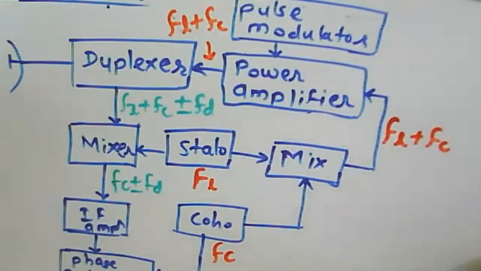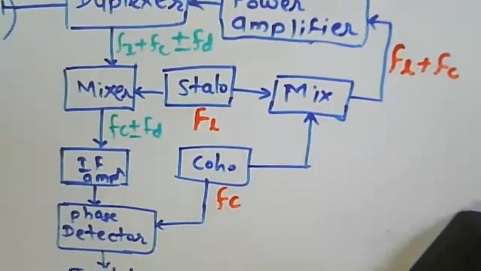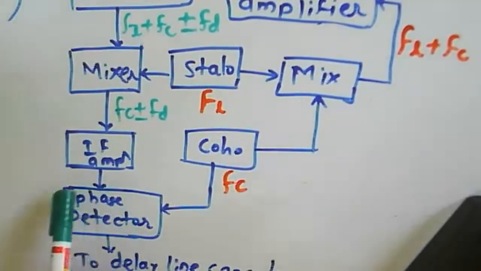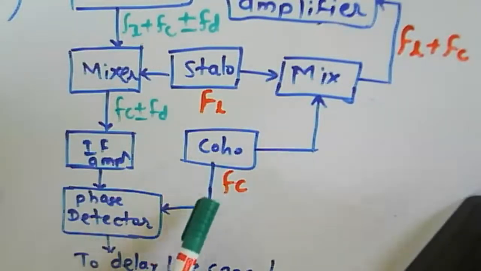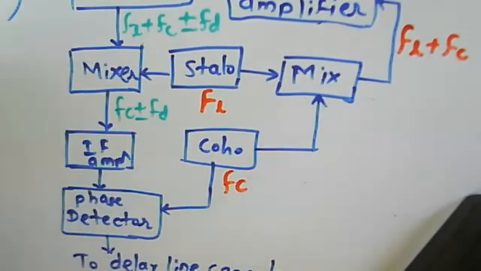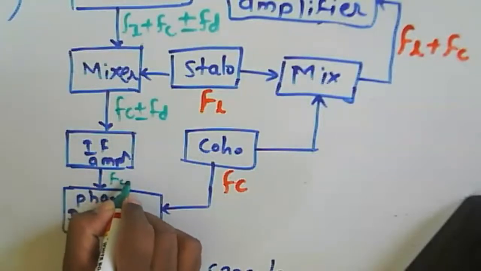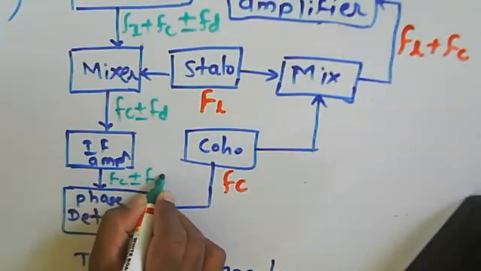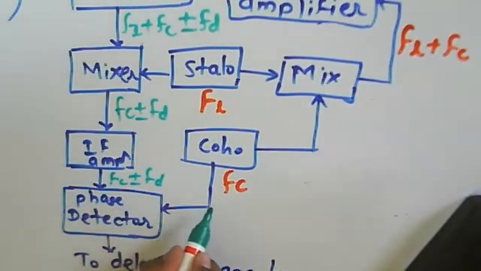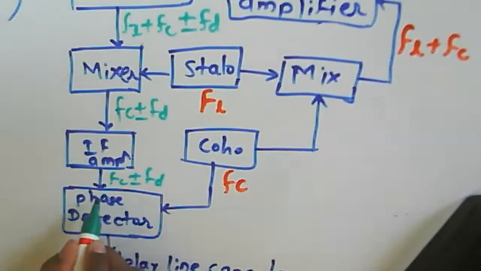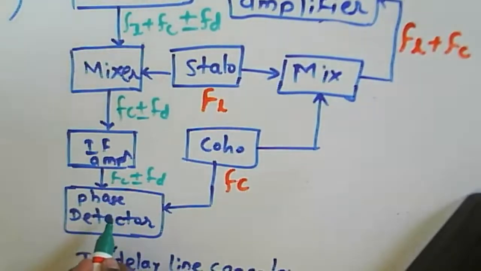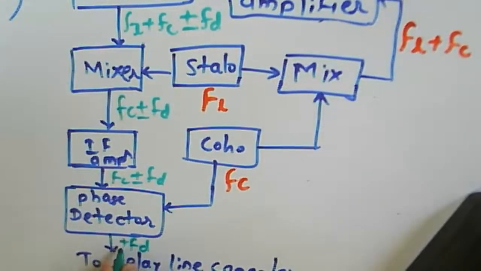Now if you consider the phase detector, the input signal we are getting at this place is again f_C plus or minus f_D, but here we provide f_C from the COHO. So the phase detector acts as a mixer, and it will provide as output only plus or minus f_D.